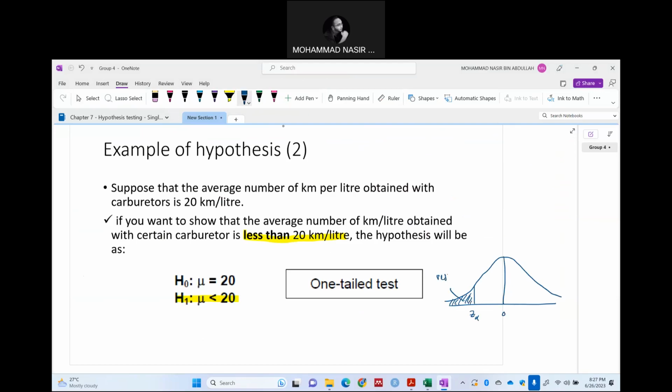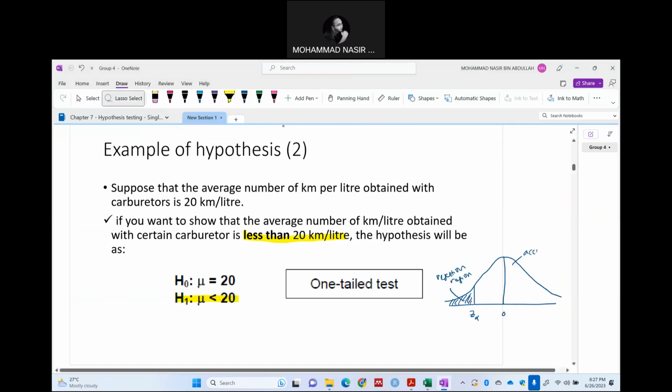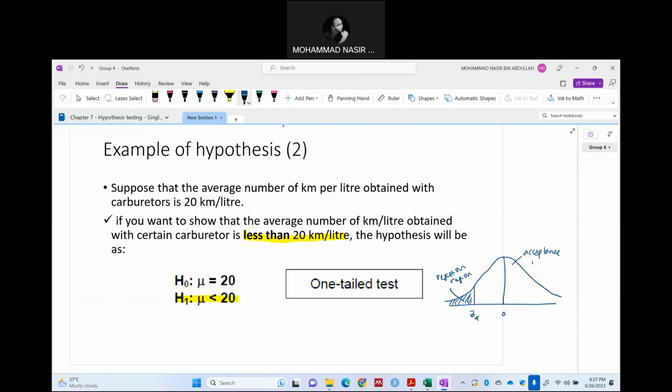This is the rejection region, and this is the acceptance region. Same as previous, if the Z statistic lies inside the acceptance region, the null hypothesis is accepted. If the Z statistic lies inside the rejection region, the null hypothesis is rejected. Can you understand? If we reject the null hypothesis, we will accept the alternative hypothesis and conclude based on the alternative hypothesis. Very simple, right?